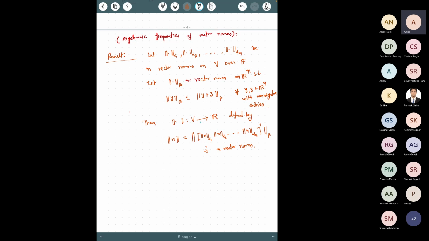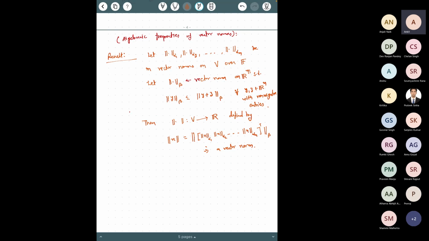And how is this function defined? You construct a length m vector where the first entry is the alpha 1 norm of x, the second entry is the alpha 2 norm of x, and so on. Then it is a length m vector in R. Now since you have a norm on Rm and you have a length m vector in Rm, you can find this beta norm of this vector.